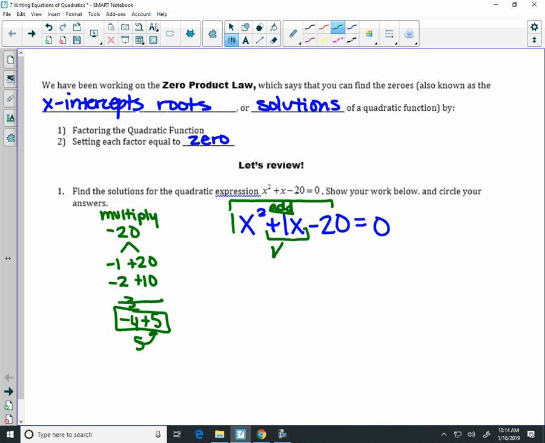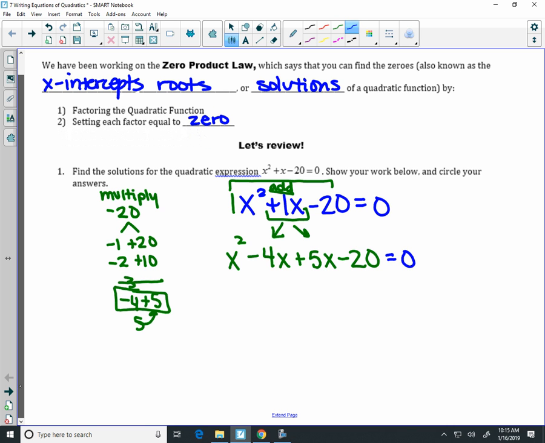So I'm going to go ahead and flip those in my problem here. Negative 4x plus 5x, and then I'm going to break down that x squared, my negative 20. We are still set equal to 0 because we're solving, not just factoring. Split my problem in half. I can take out an x from my first two, I'm left with x minus 4.